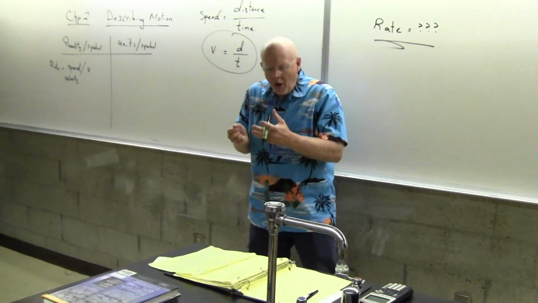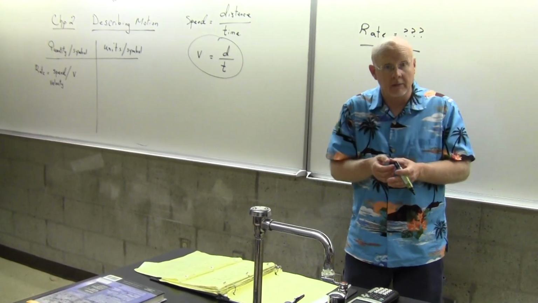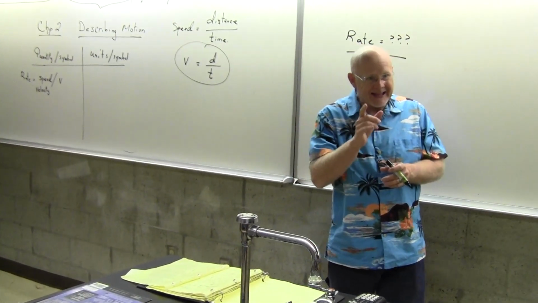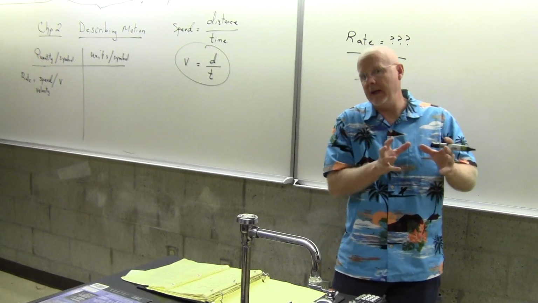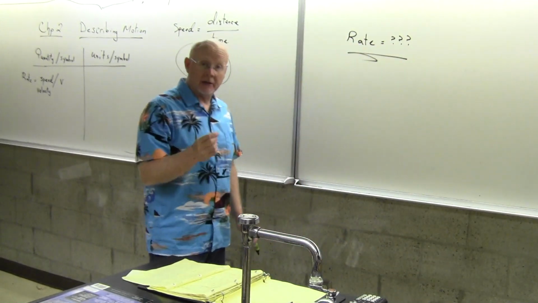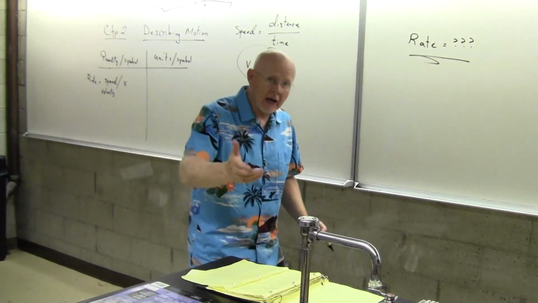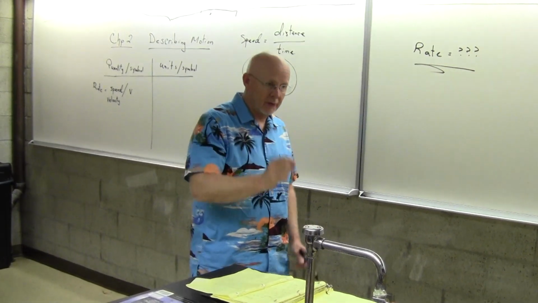In other words, how much do I move in 1 second? And that is what we mean by the rate. And that is something a little different. It's not the total distance. It's not the total time, but it is the rate.